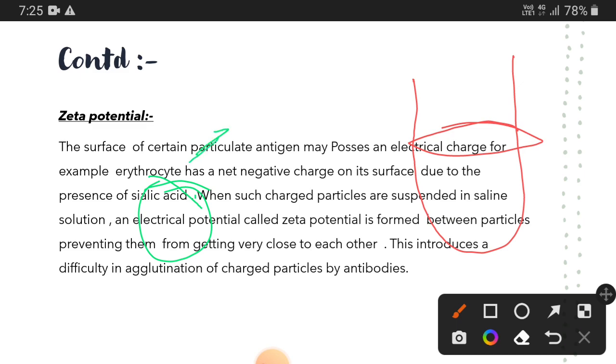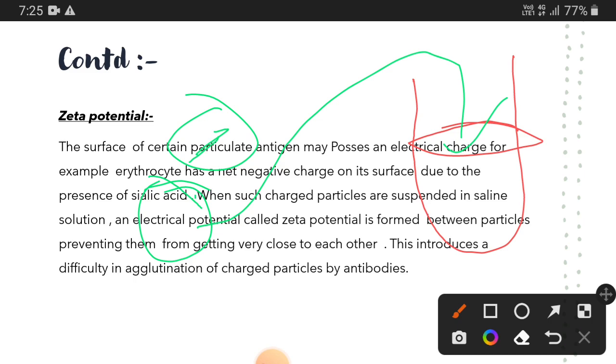You are suspending those antigens in a liquid suspension, so in the liquid suspension this negative charge forms an electrical potential called zeta potential, and due to the presence of that zeta potential, the particles are prevented from getting very close to each other.